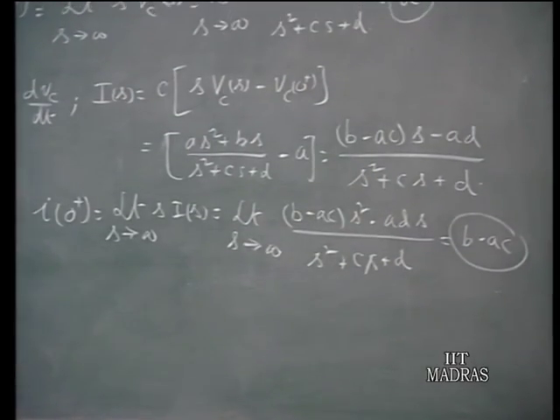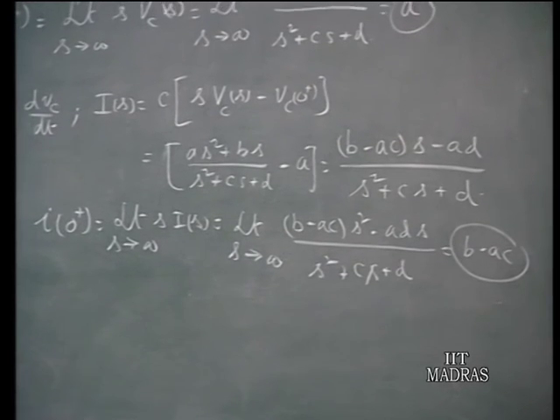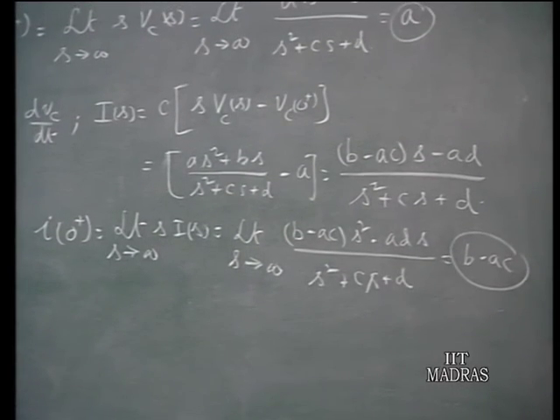So, the initial value of the current is B minus A C amperes, if this is the Laplace transform of the voltage across the capacitor.